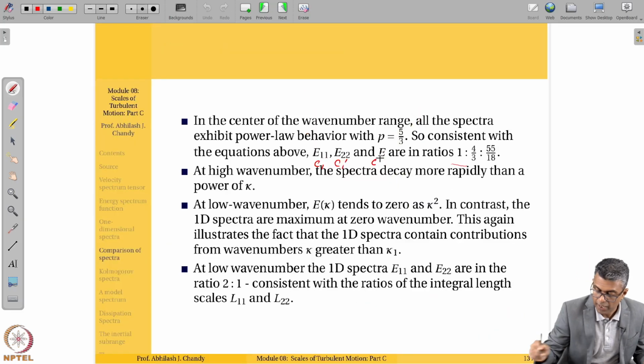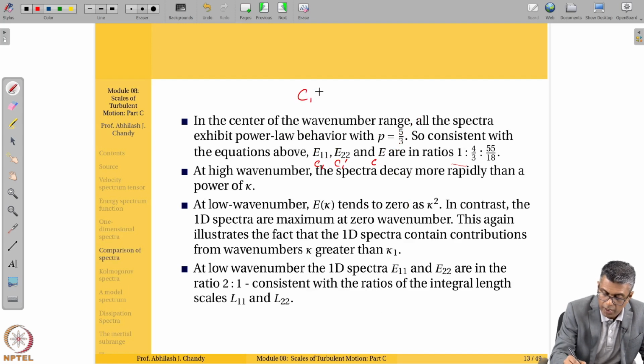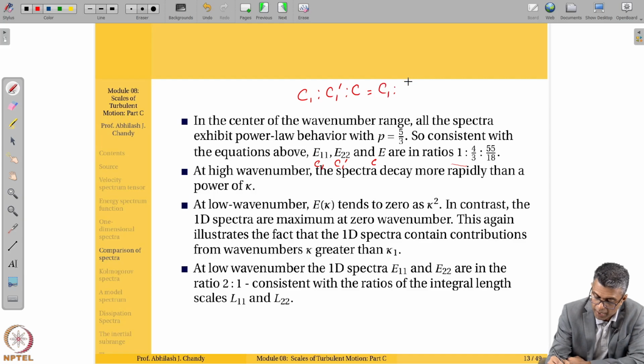So C1 is to C1 dash is to C, everything is in terms of C1. C1 is to, what is C1 dash? It is half times 1 plus P C1 is to C, which is half times C1 times P plus 2.